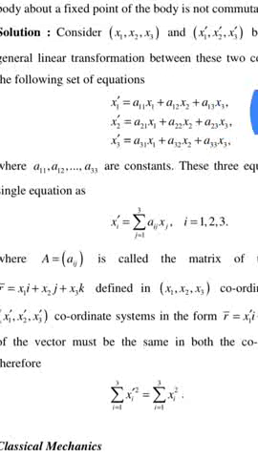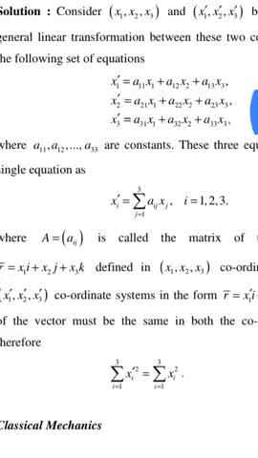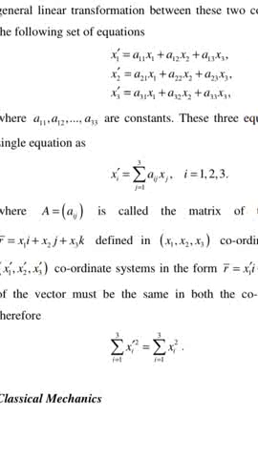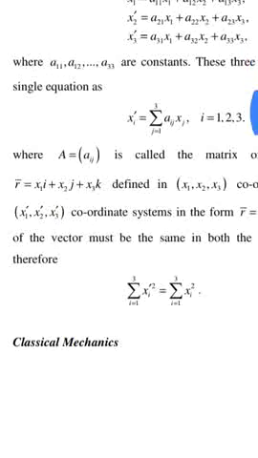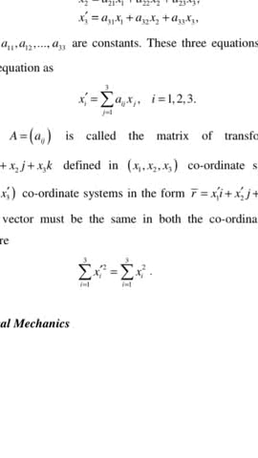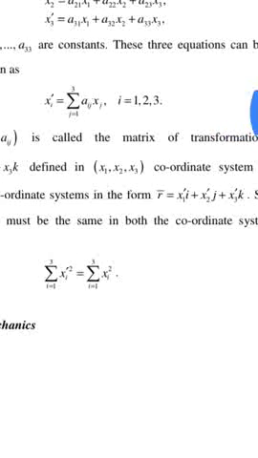x1 dash is equal to a11 x1 plus a12 x2 plus a13 x3. x2 dash is equal to a21 x1 plus a22 x2 plus a23 x3, and so on, where a11, a12, ..., a33 are constants.